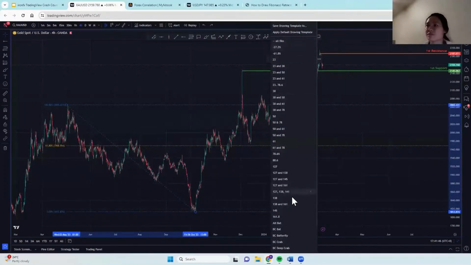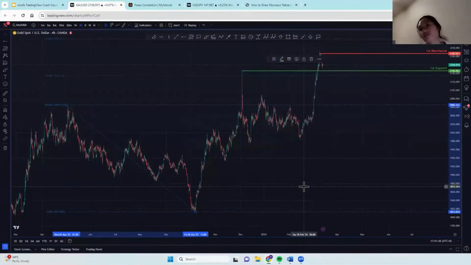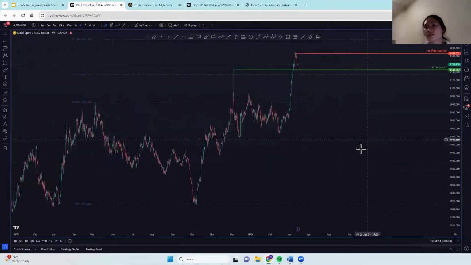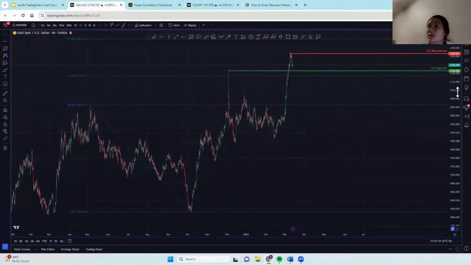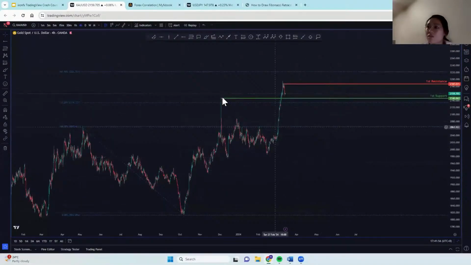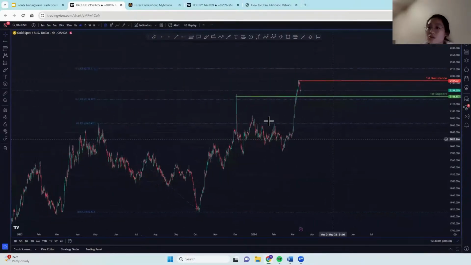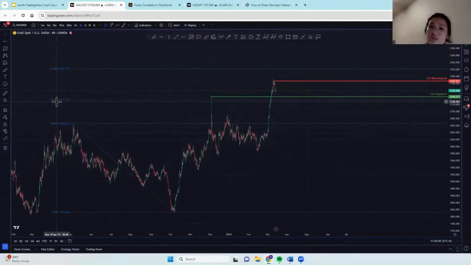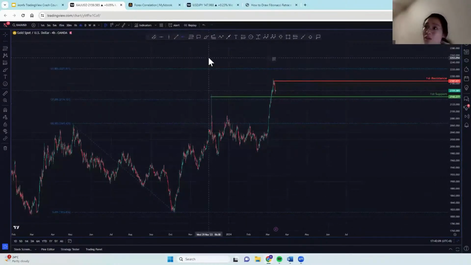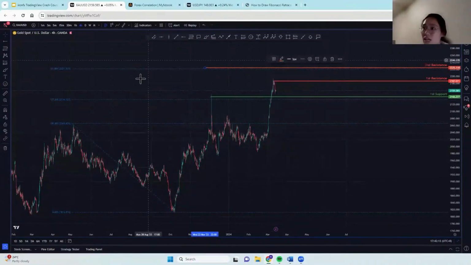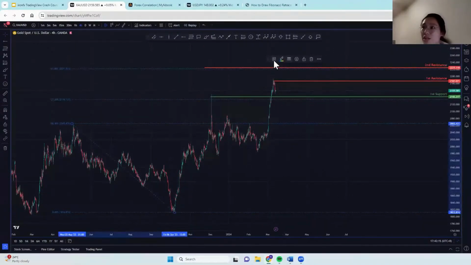So here we can see my 127.2. Oh wait, okay, because even though this 127.2 lines up with our first support, it's no longer valid because price has already broken out of that area. So I'm just going to be highlighting this 161.8.